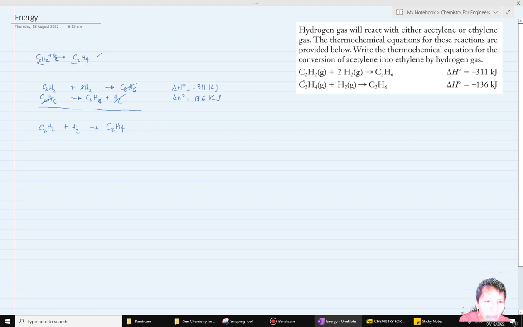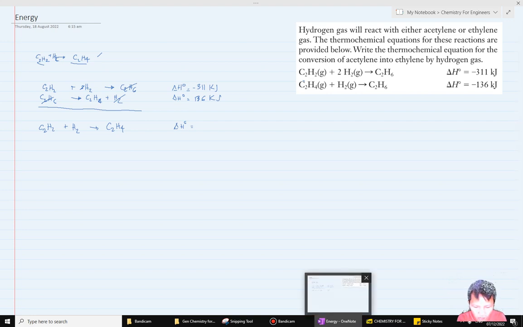So the delta H of the reaction would be negative 311 plus positive 136, which is negative 175.